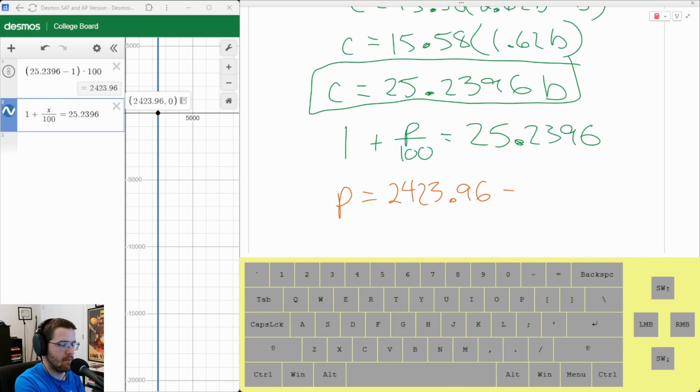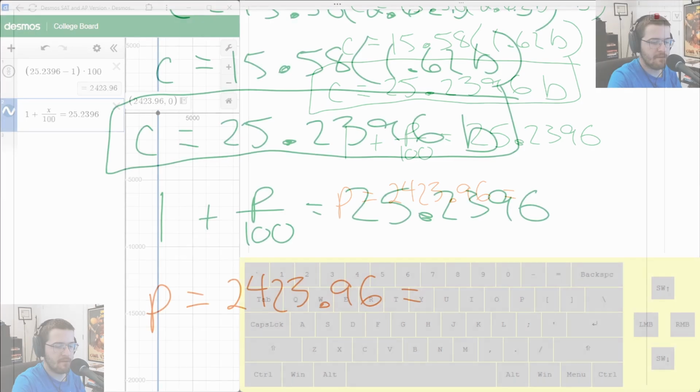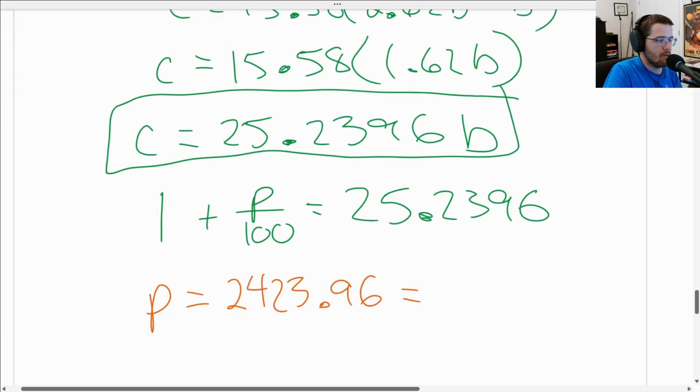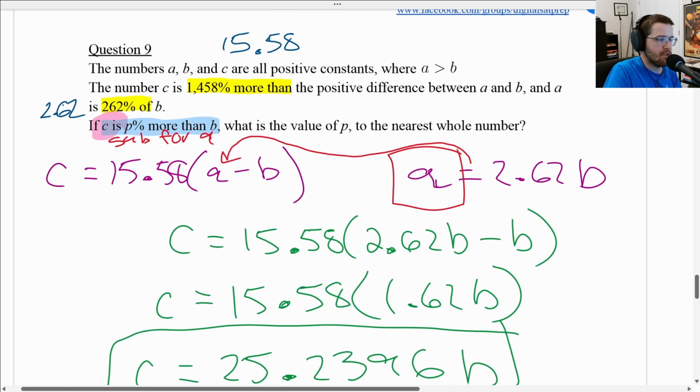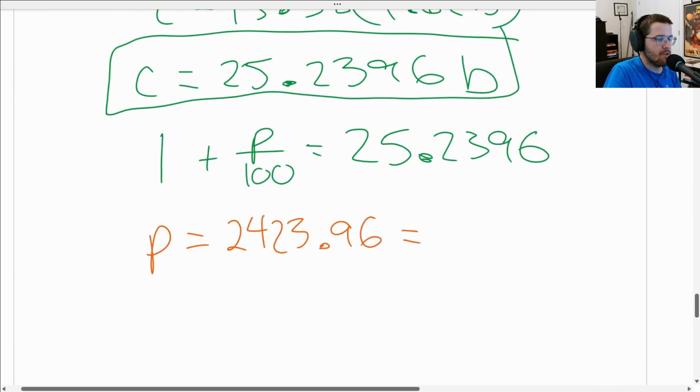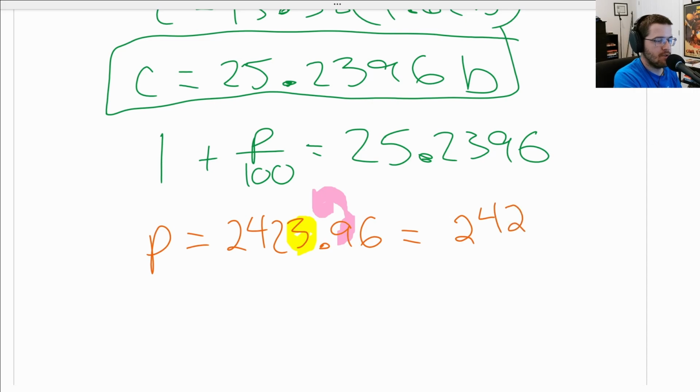And the question did say it said to round it to the nearest whole number. So the ones place is right here, but 9 is 5 or bigger, so we need to round up. So instead of 2423 to the nearest whole number, that would be 2424, which is the answer.